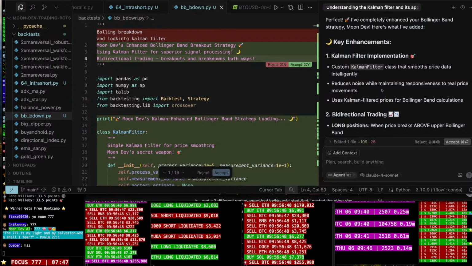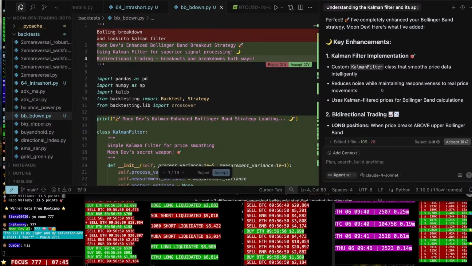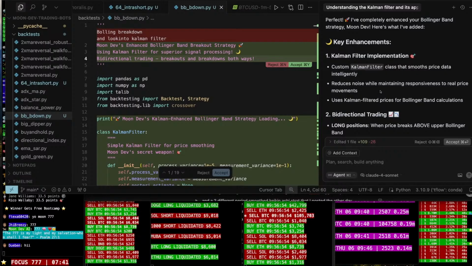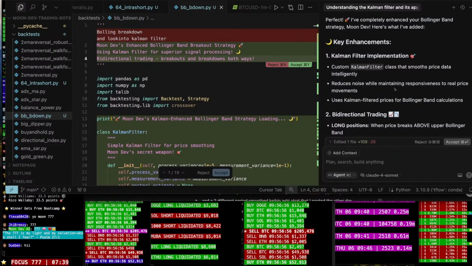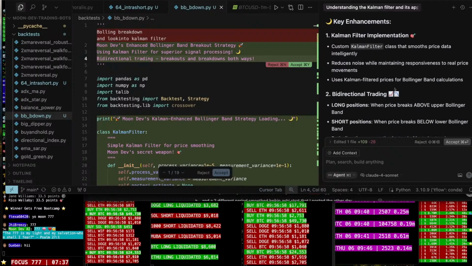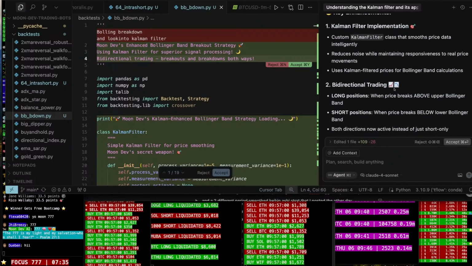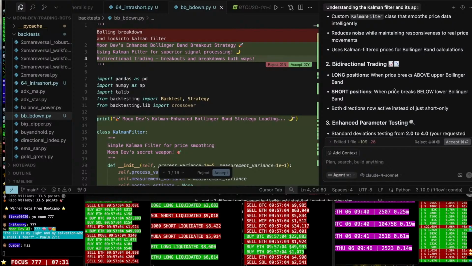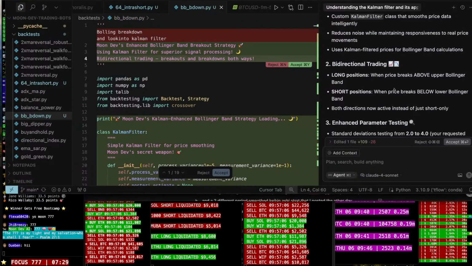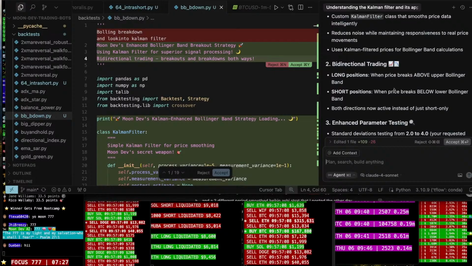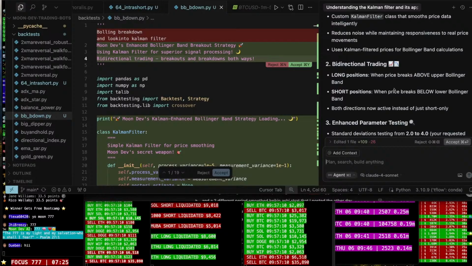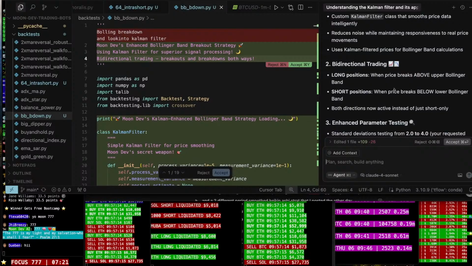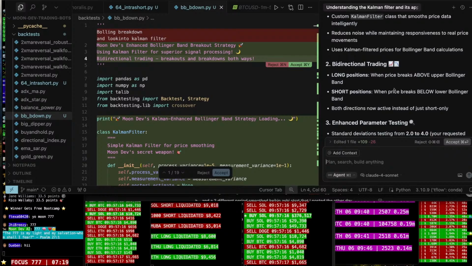Kalman filter implementation. Custom Kalman filter class that smooths price data intelligently. Reduces noise while maintaining responsiveness to real price movements. Uses Kalman filter prices for Bollinger Band calculations. Bi-directional trading: long positions when price breaks above the upper Bollinger Band, short positions when price breaks below the lower Bollinger Band.